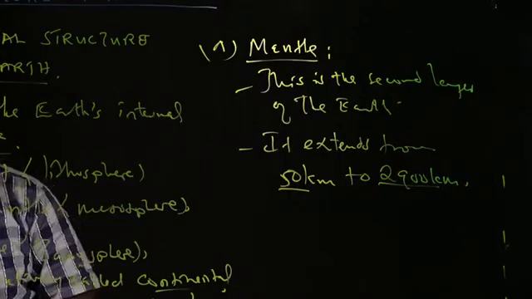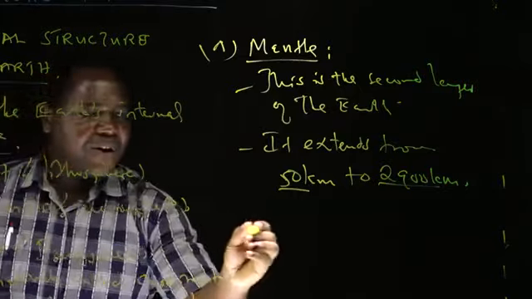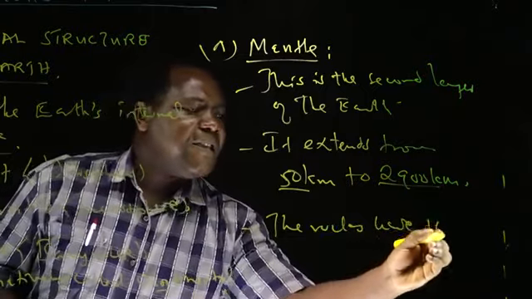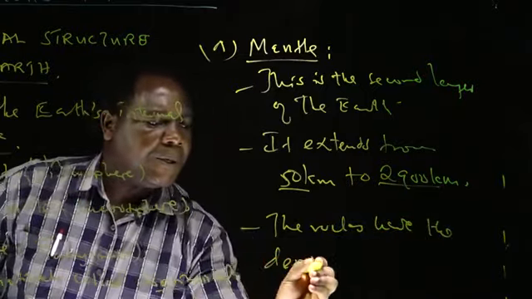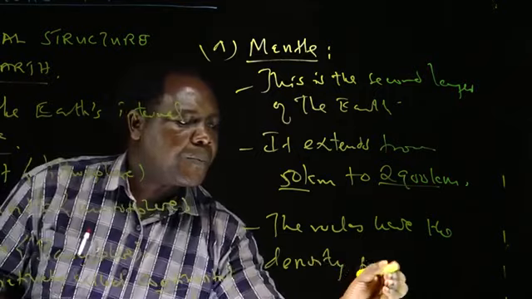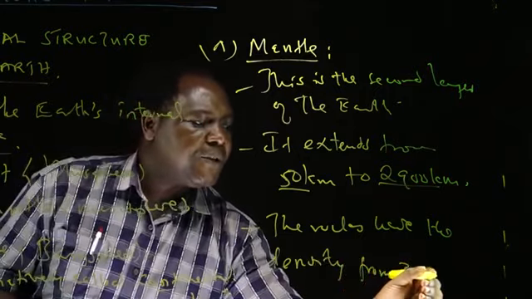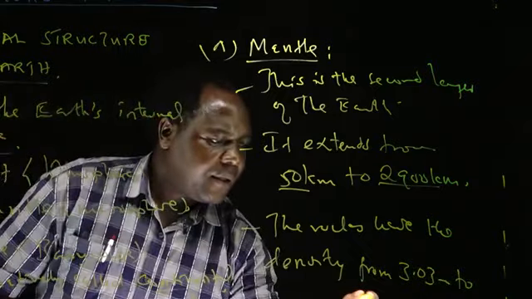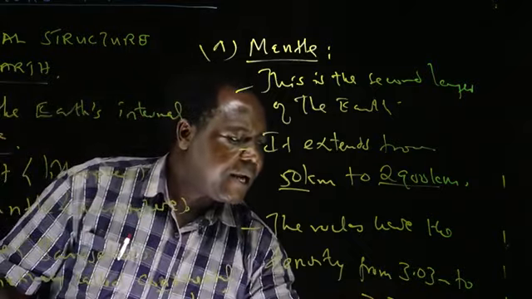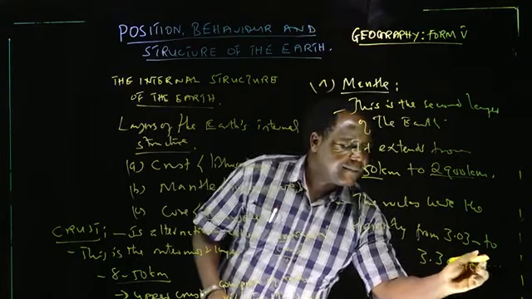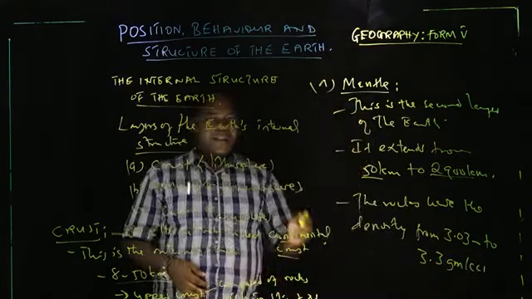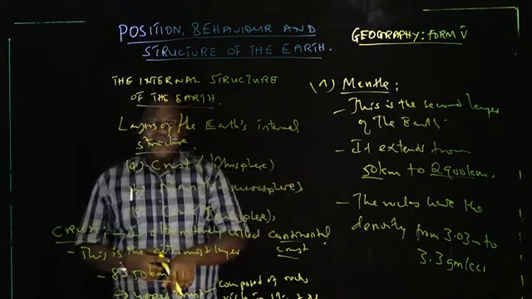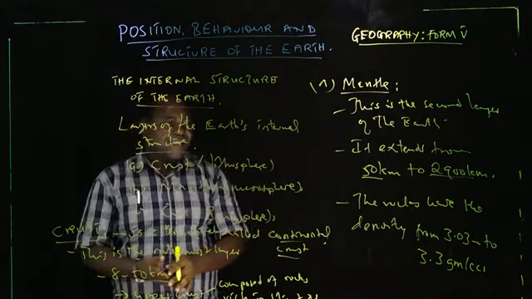And again, the rocks here have a density from 3.03 to 3.3 grams per cc, which means the mantle has heavier rocks compared to the earth's crust. That's why it is lower than the earth's crust.